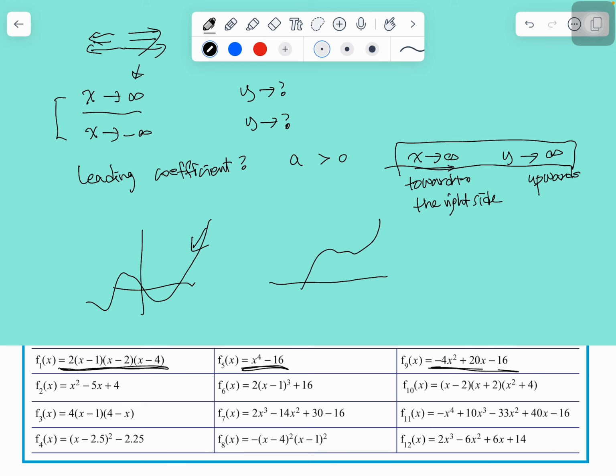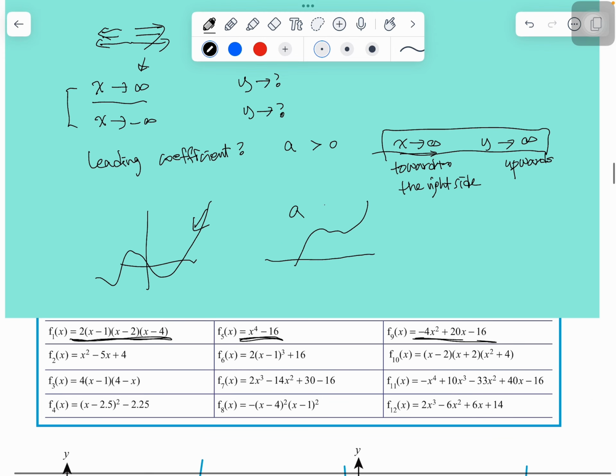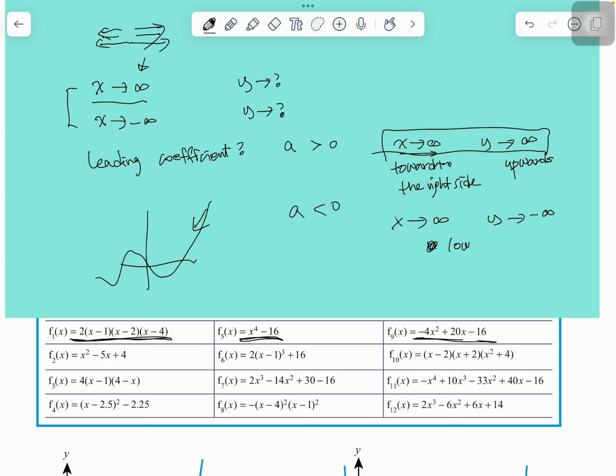But when a is negative, of course the behavior should be the opposite. When x goes to infinity, y goes to negative infinity, meaning the lower right side. So this one is upper right side, and this one is lower right side.